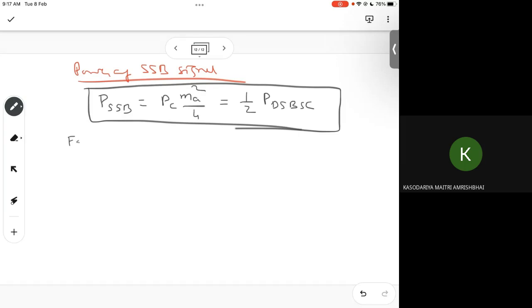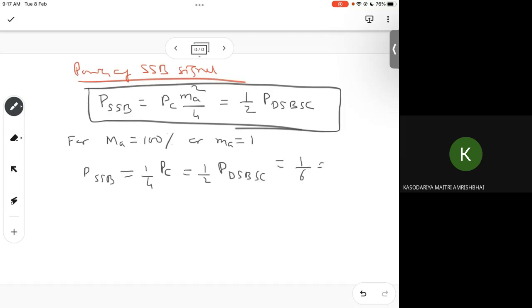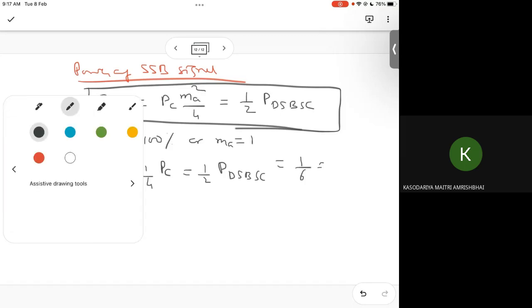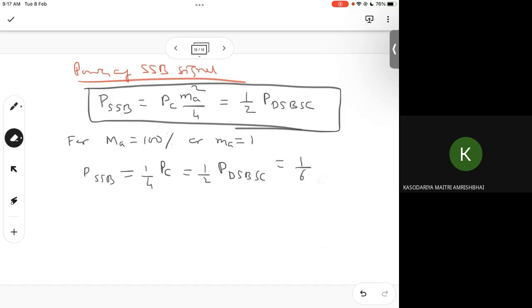For 100% modulation, or ma equal to 1, your PSSB is equal to 1 by 4 Pc. Straightforward from this expression, or half of the power in double sideband suppressed carrier, or 1 by 6 of the power of AM, because we have seen the power in double sideband was 1/3 of the power of AM.